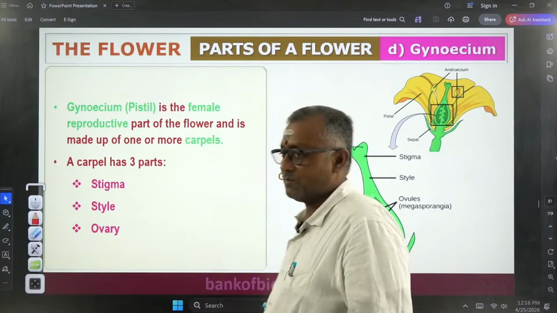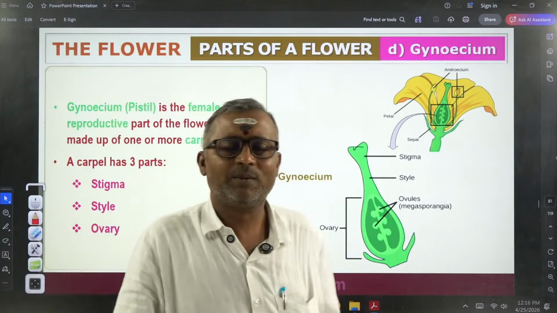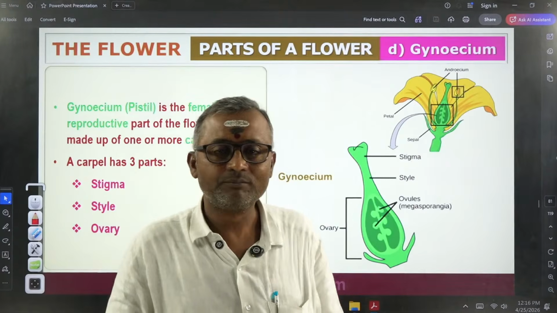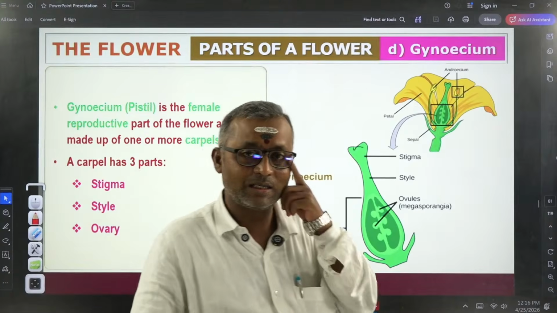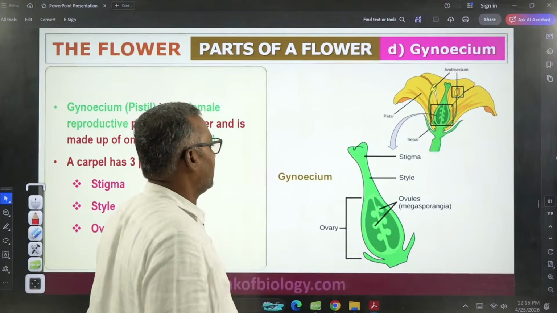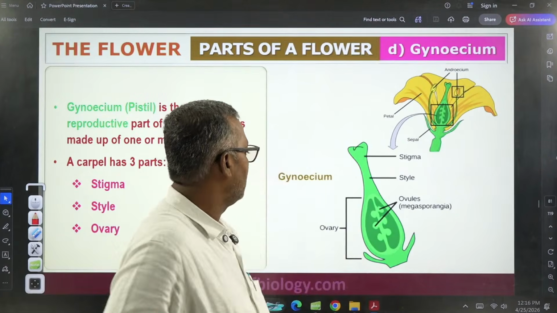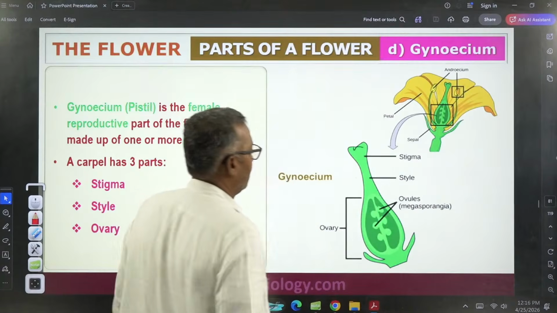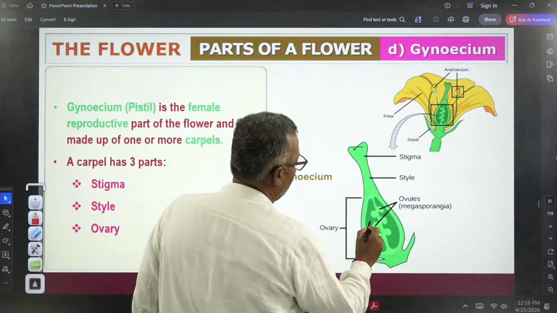Next, when it comes to the gynoecium, let us go into the details of gynoecium. Gynoecium is the female sex organ. This gynoecium you can also call pistil. Pistil is composed of carpels. I mean gynoecium is composed of carpels. Now each carpel contains a basal swollen ovary.